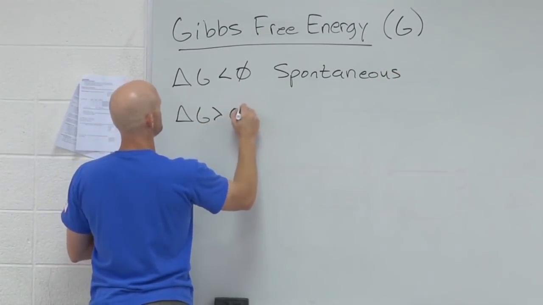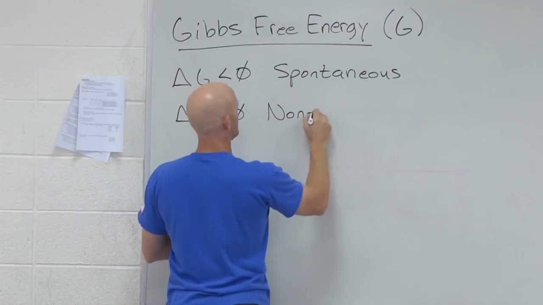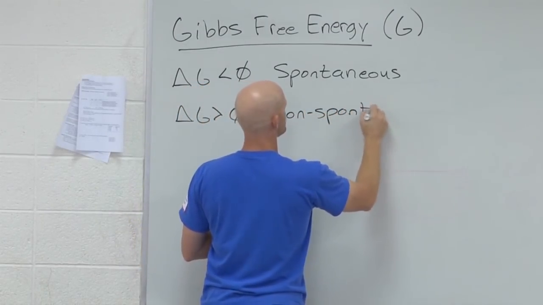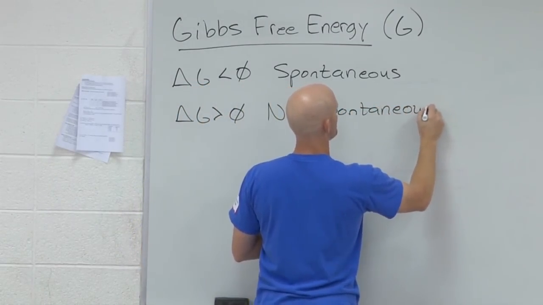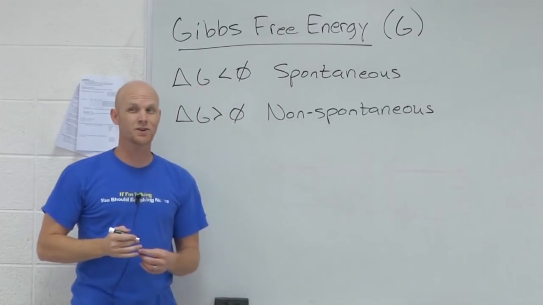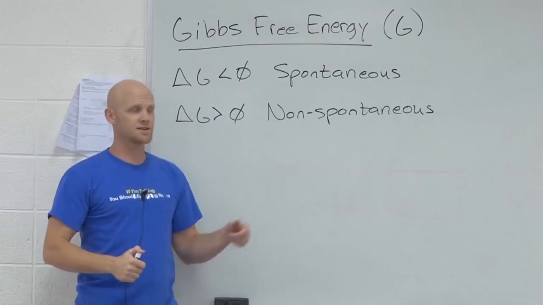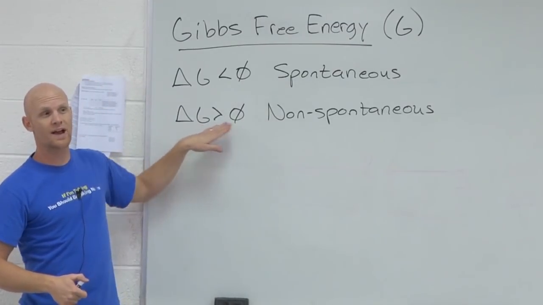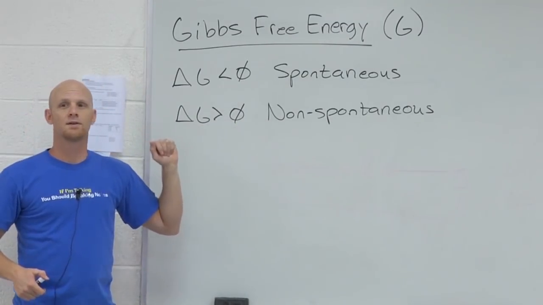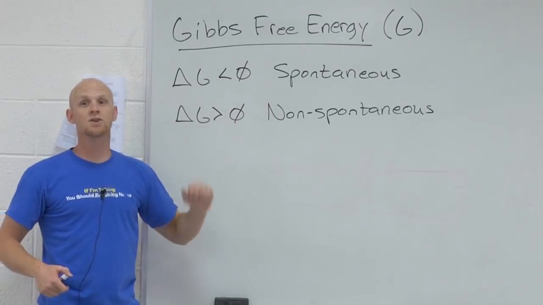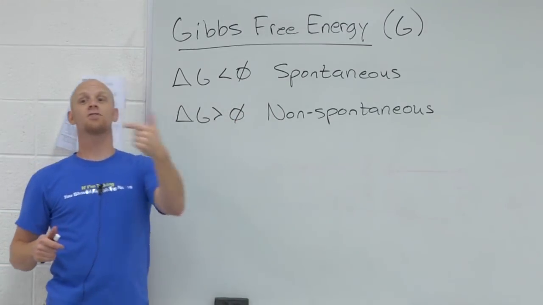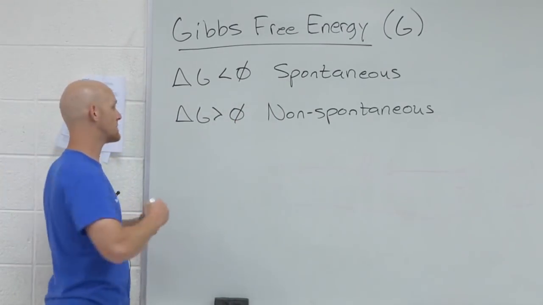And if delta G is positive, that means the reaction is non-spontaneous. But if a reaction is non-spontaneous, what does that tell you about the reverse reaction? The reverse one is spontaneous. So notice, if I tell you delta G for a reaction's positive, you could say that means the reaction's non-spontaneous, or you could say that it's spontaneous in the reverse direction as well. Either way, both are true.